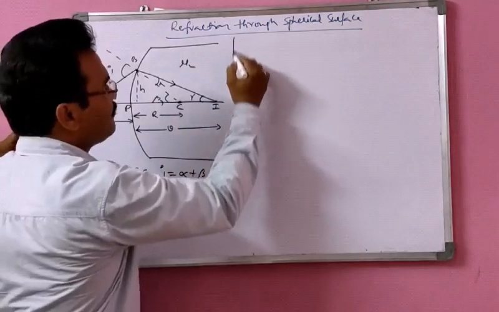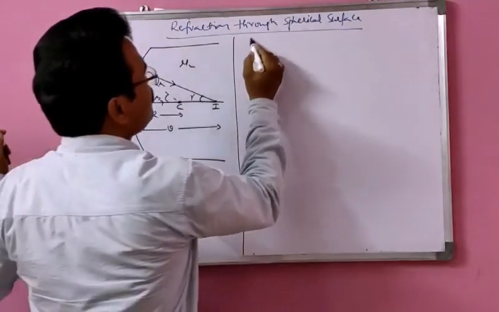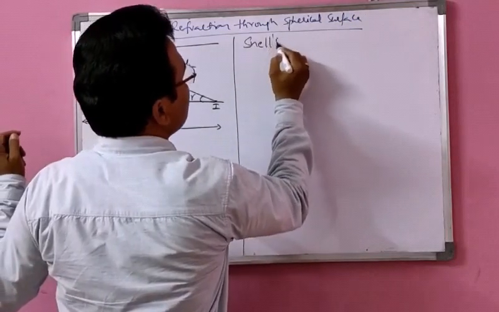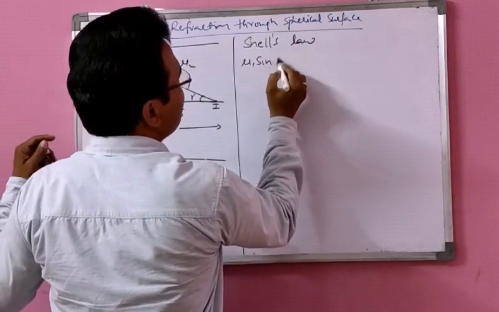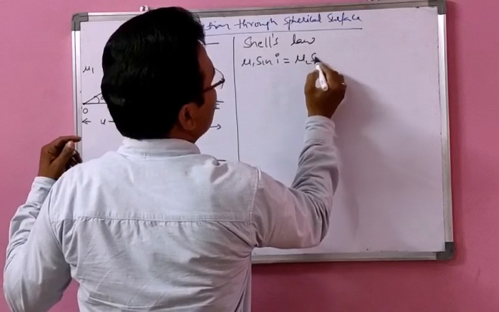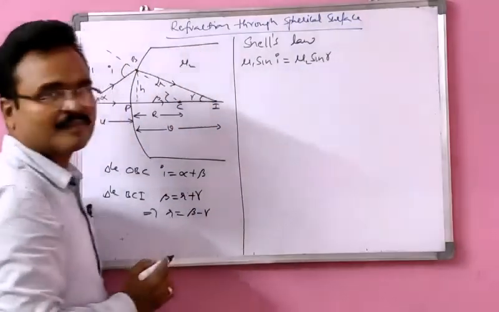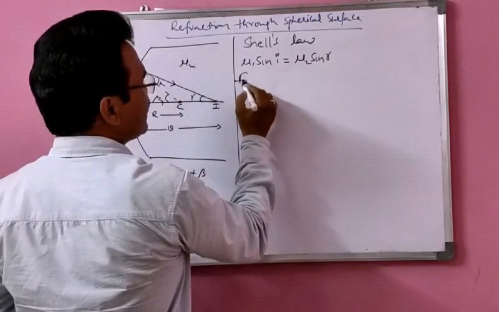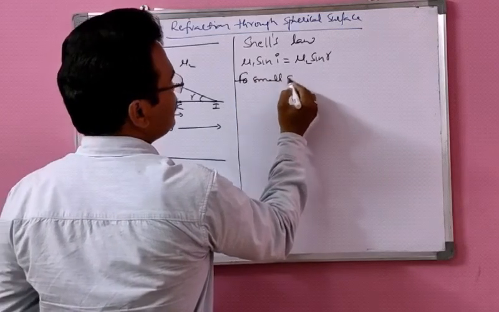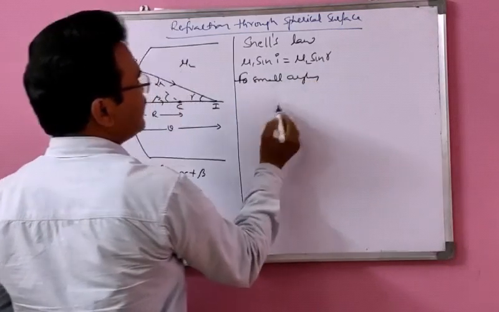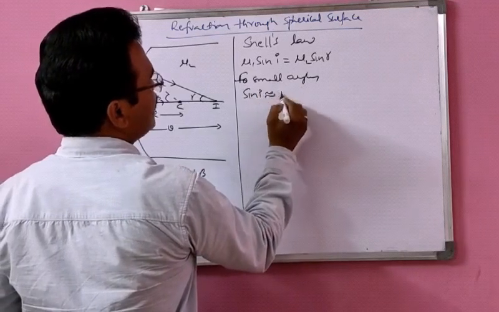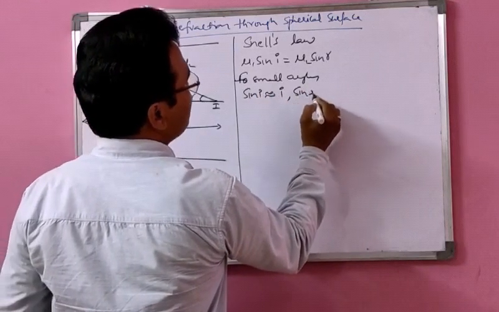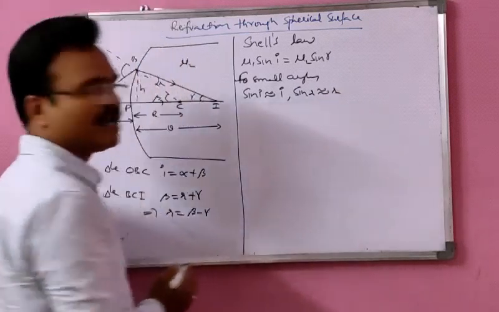Now let us apply Snell's law. Snell's law is mu1 sin i equals mu2 sin r. For small angles, sin i is approximately equal to i, and sin r is approximately equal to r.